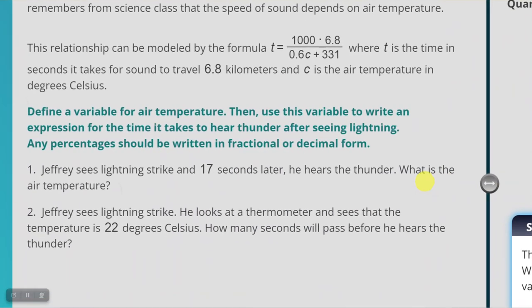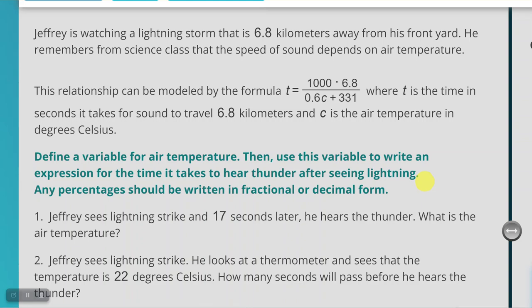So Jeffrey is watching a lightning storm that is 6.8 kilometers away from his front yard. He remembers from science class that the speed of sound depends on air temperature. This relationship can be modeled by the formula T equals 1000 times 6.8 divided by 0.6C plus 331, where T is the time in seconds it takes for the sound to travel 6.8 kilometers, and C is the air temperature in degrees Celsius.